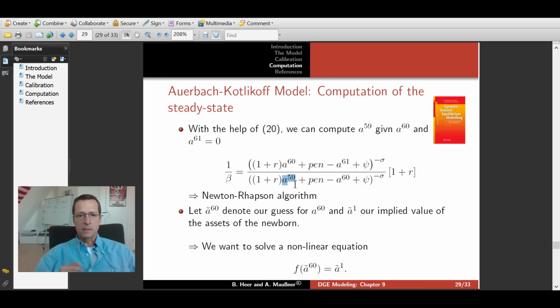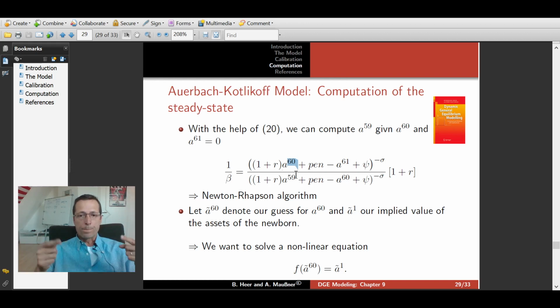And next, we proceed and iterate backwards in time recursively and look at the Euler equation of the 58-year-old. So then we have here the 60 replaced by 59, 61 by 60, 59 by 58.